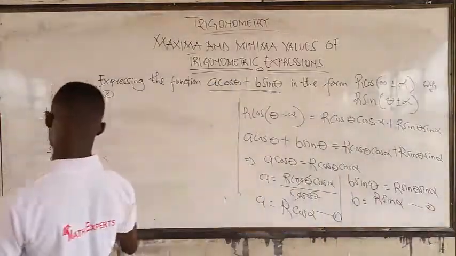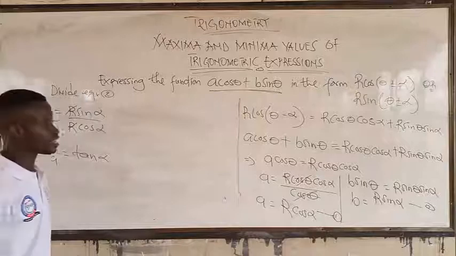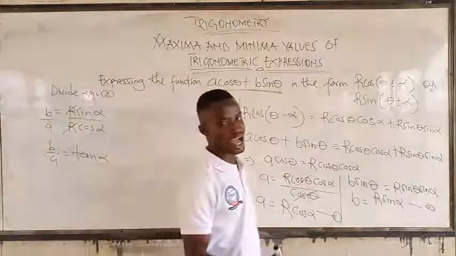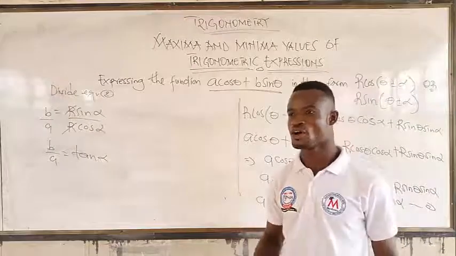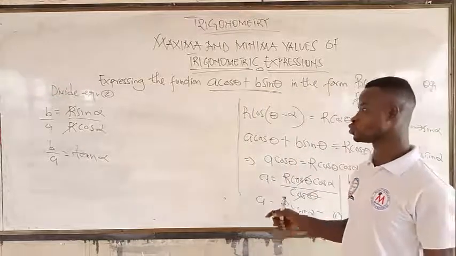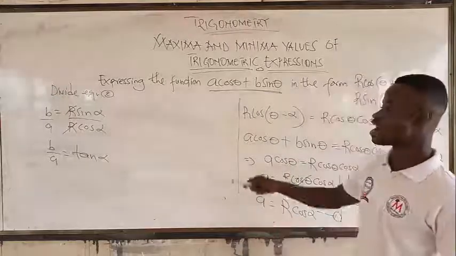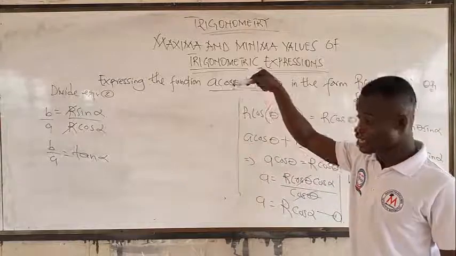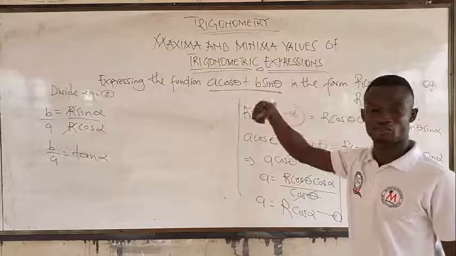Very good. So now, as I said, the alpha and the R are quantities that we have to look for. Here, the A and the B will be known. There will be 5, there will be 2, there will be anything.